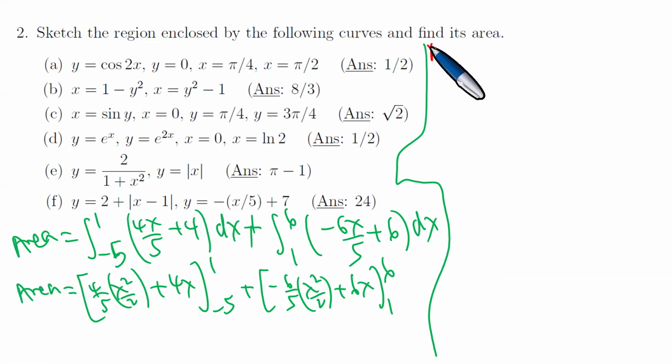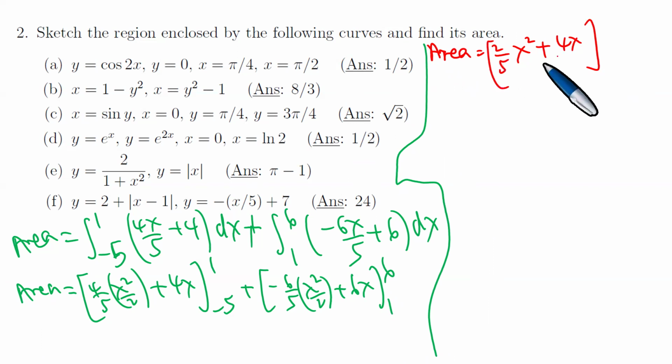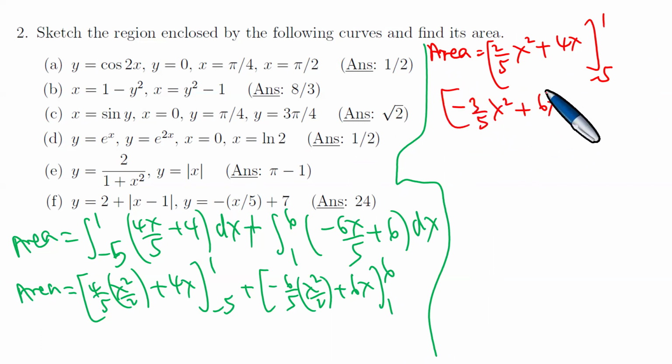So this is exactly 2 over 5, x squared plus 4x from minus 5 to 1, minus 3 over 5, x squared plus 6x, and then you integrate from 1 to 6.